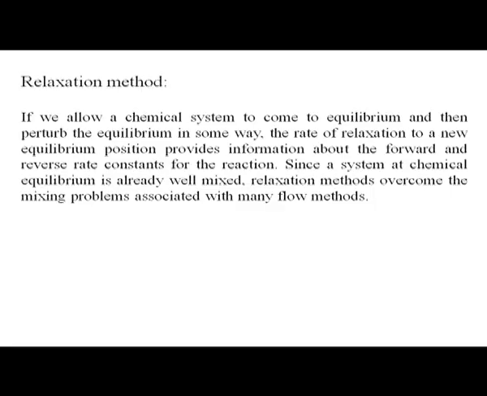In some way you change the equilibrium. The rate of relaxation to a new equilibrium position provides information about the forward and reverse rate constants for the reaction. Since a system at chemical equilibrium is already well mixed, the relaxation methods overcome the mixing problem associated with any flow methods.